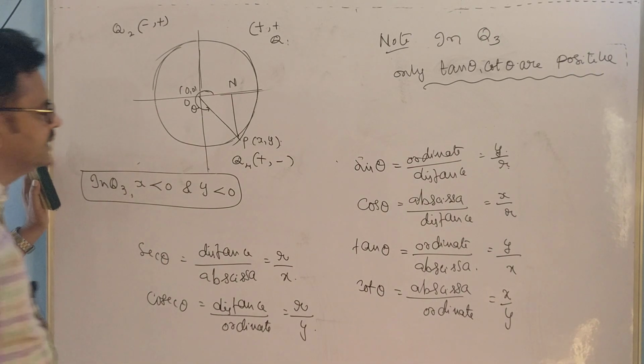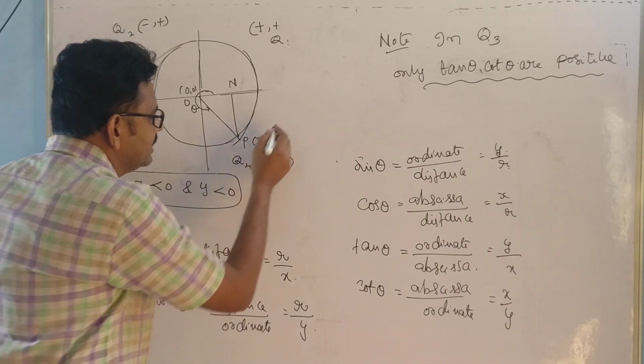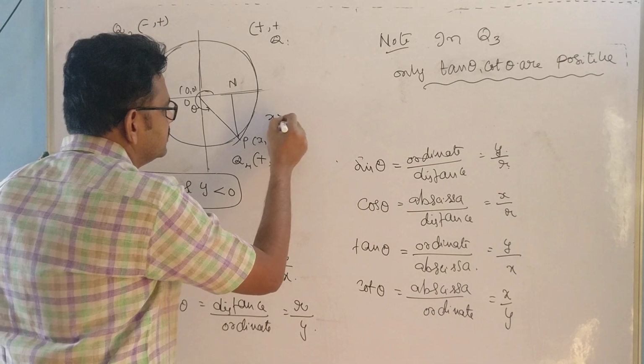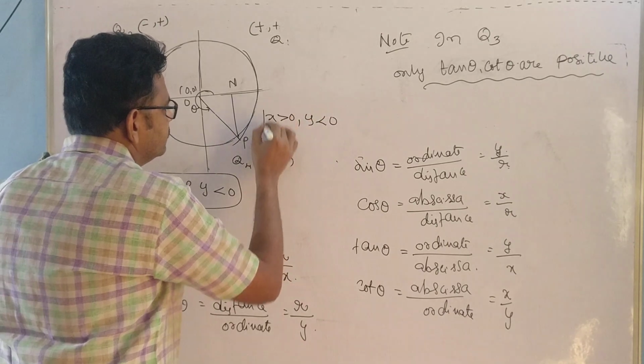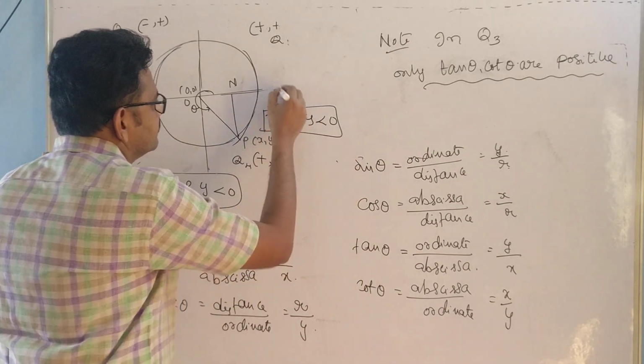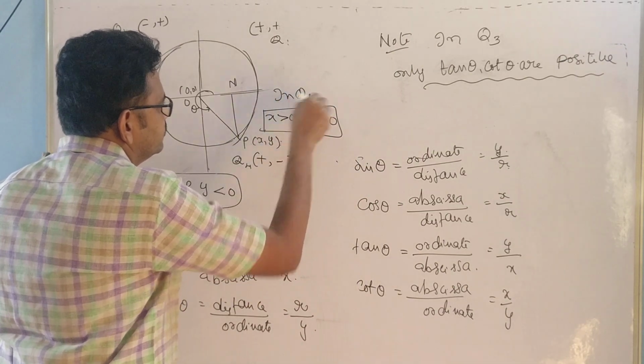Now what about sine theta? In the fourth quadrant, Q4, x is positive and y is negative.